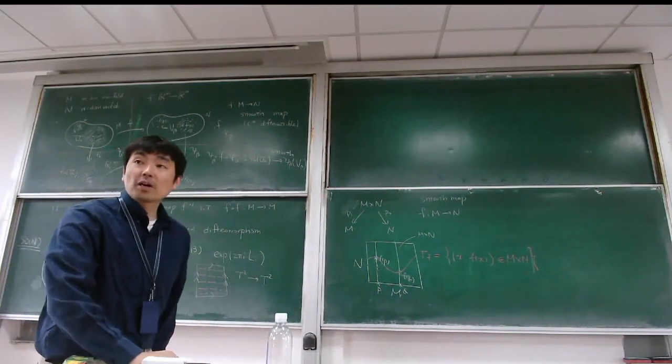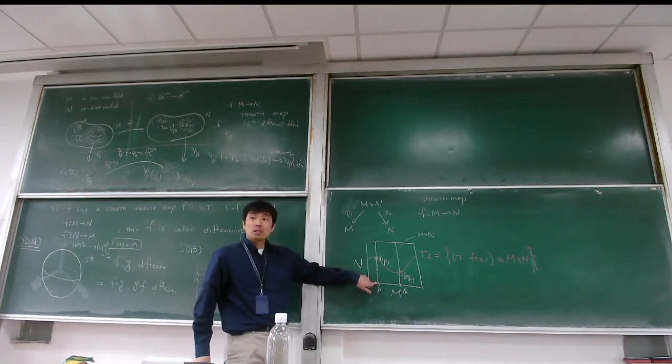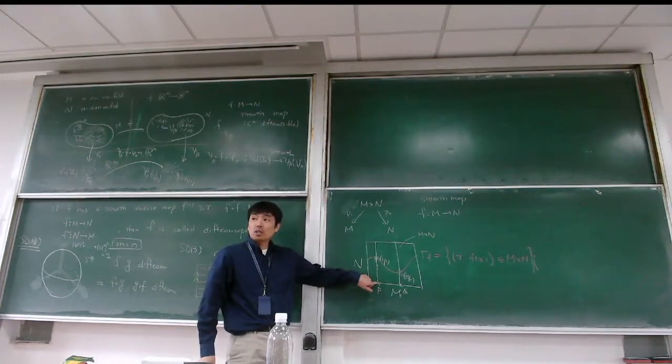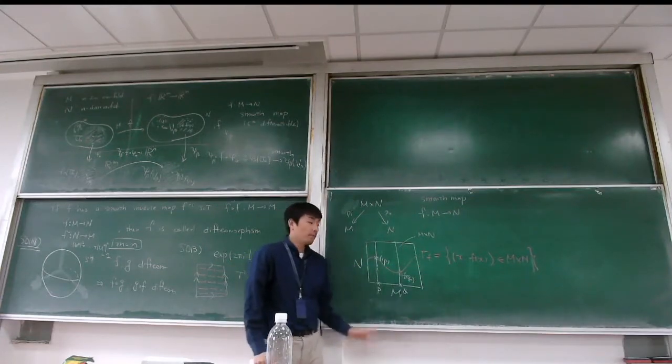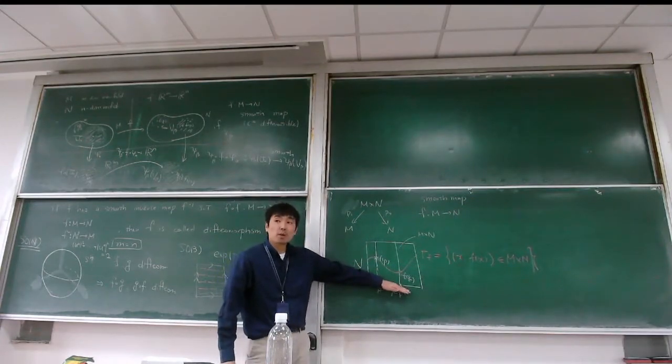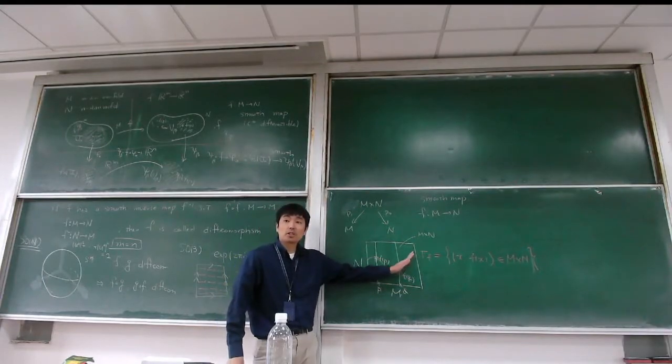So do you understand my construction? For each point in M, there is an image in N. But we now consider the product M cross N, okay? Therefore M can be mapped inside M cross N as a graph, as a submanifold.